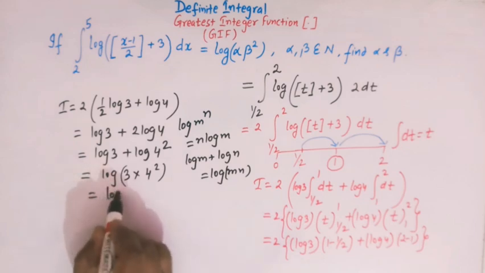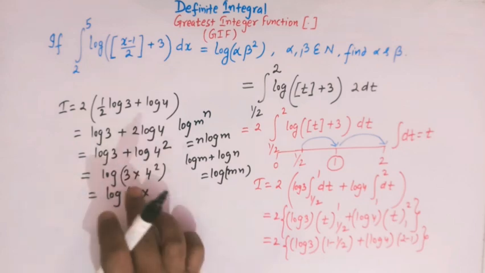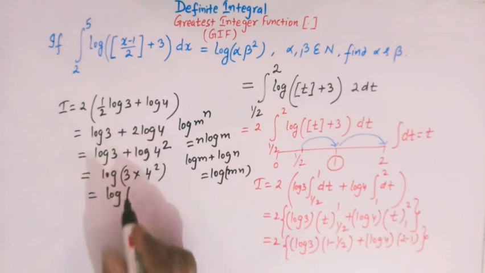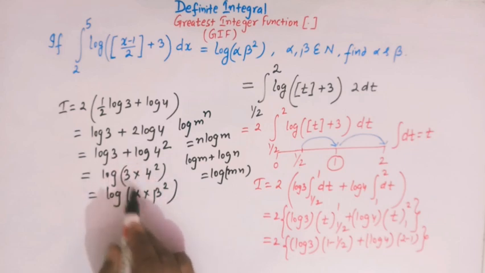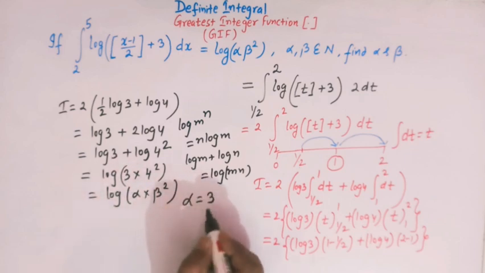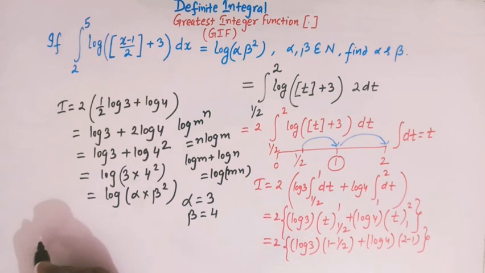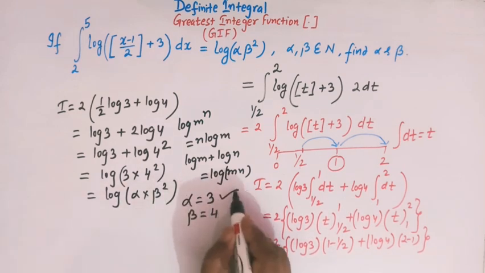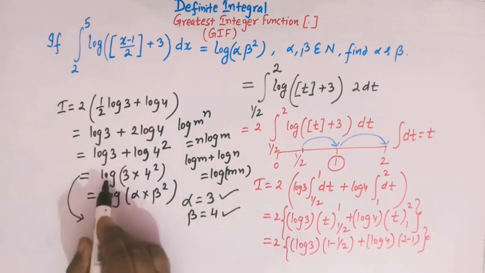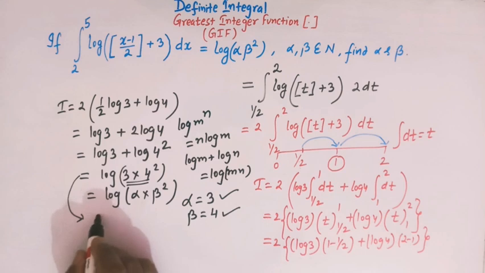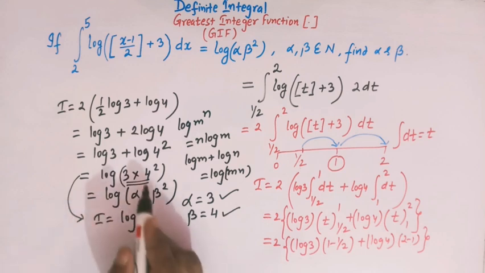Now if we compare it with this result, that is a log of alpha times beta square, we get alpha is equal to 3 and beta is equal to 4. So 3 and 4 are obviously natural numbers, so the value of alpha is 3 and beta is 4. And now if we solve this expression, we get I is equal to log of 16 times 3, that is 48.